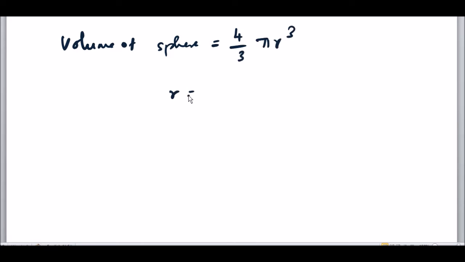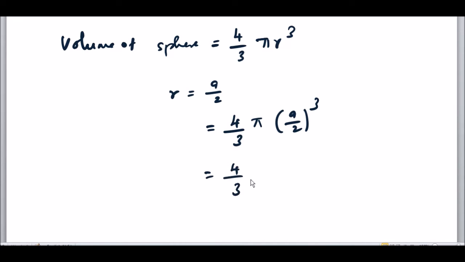Here r is equal to a by 2. You can substitute that value: 4 by 3 pi into a by 2 the whole power 3. So we can write it as 4 by 3 into pi into a cube into 1 by 8, because 2 power 3 is nothing but 8.